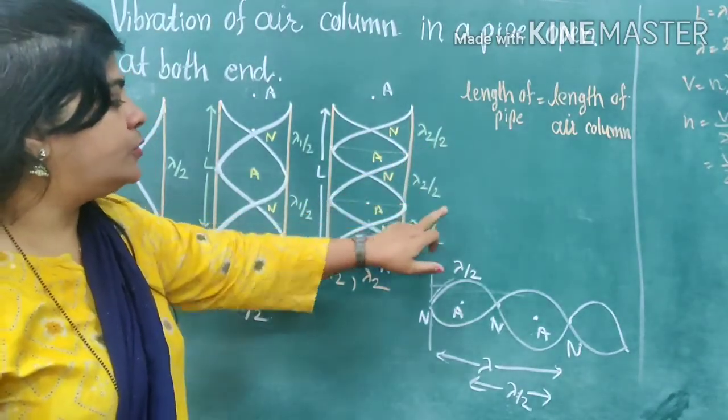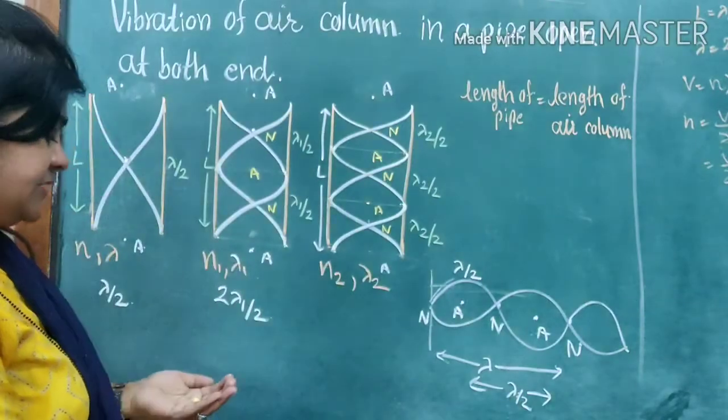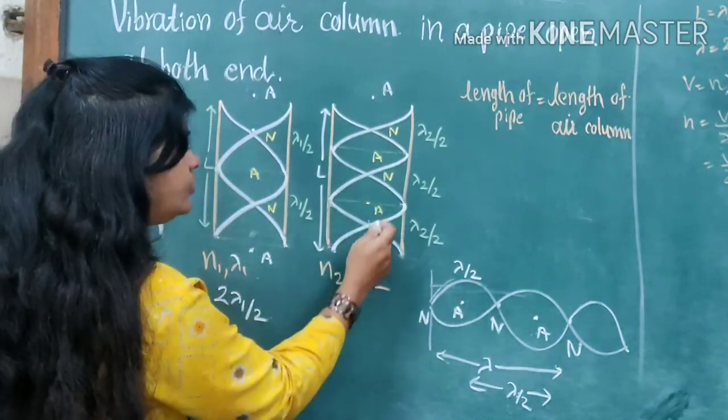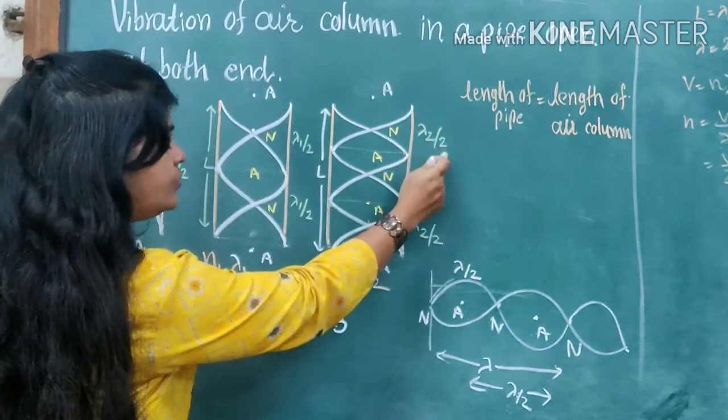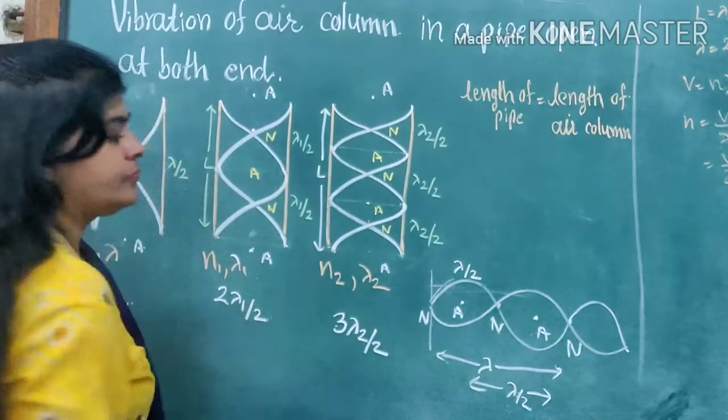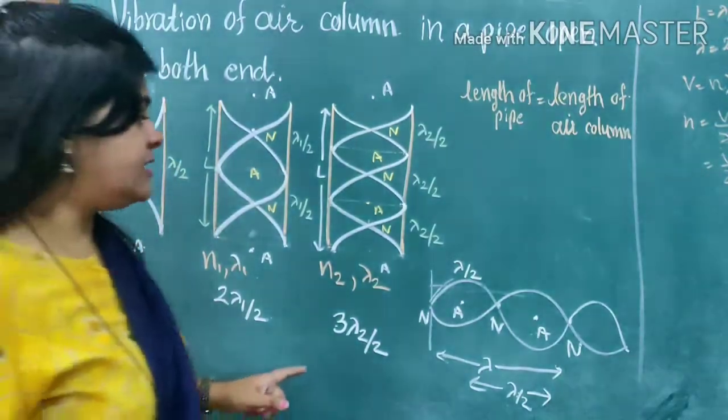We write here 1, 2, 3, and each one is lambda 2 by 2. Got it? Have you understood this concept?